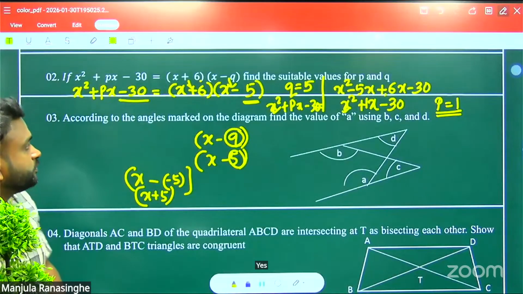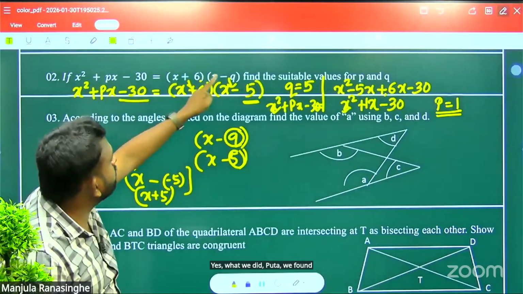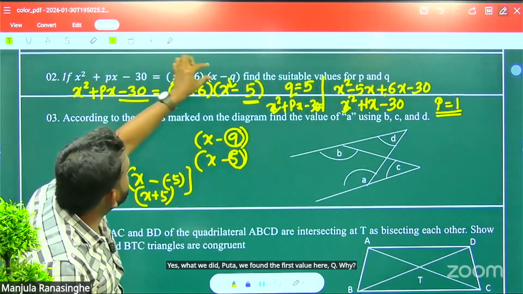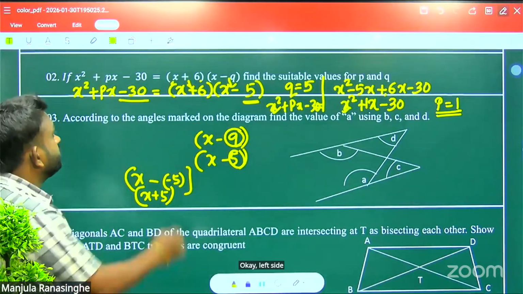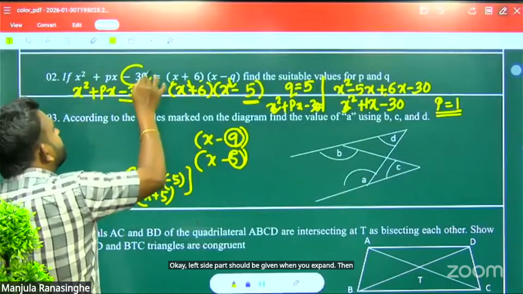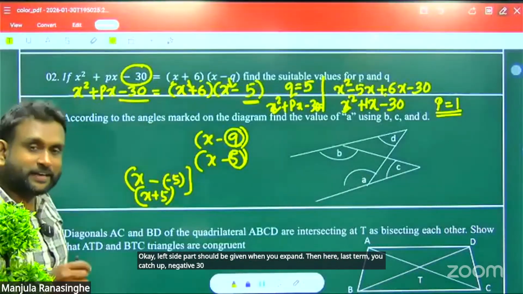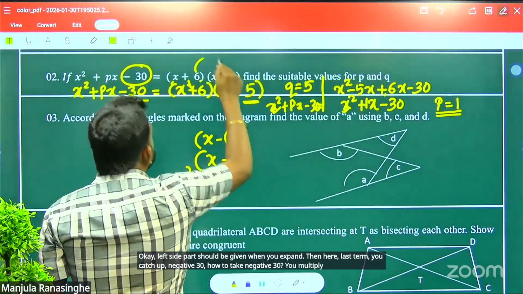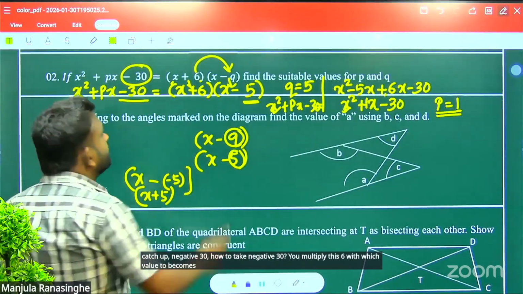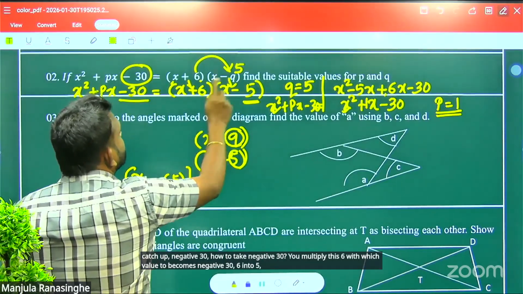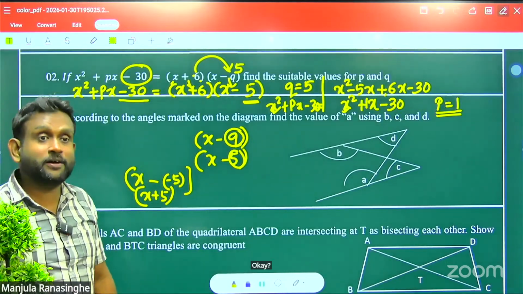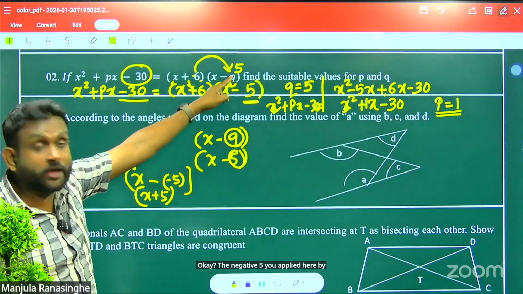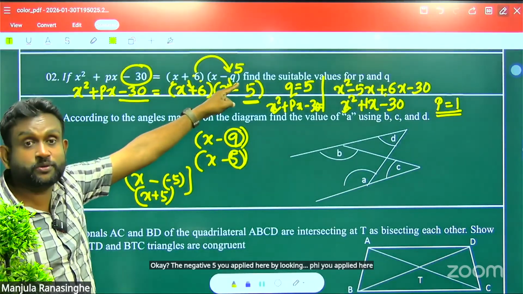Excuse me, sir, can you explain it again? Yes, what we did, we found the first value here, q. When you expand this one, the left side part should be given. Then the last term you catch is negative 30. How to take negative 30? You multiply this 6 with which value to become negative 30? 6 into 5 is 30, positive, negative, negative. Then negative 5 you applied here by looking at 5, next minus q is 5.